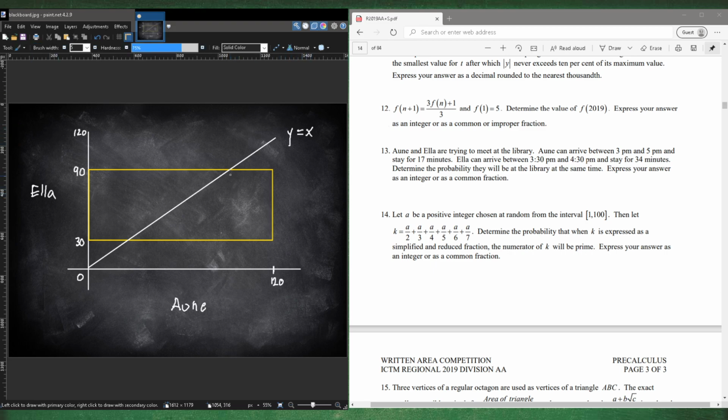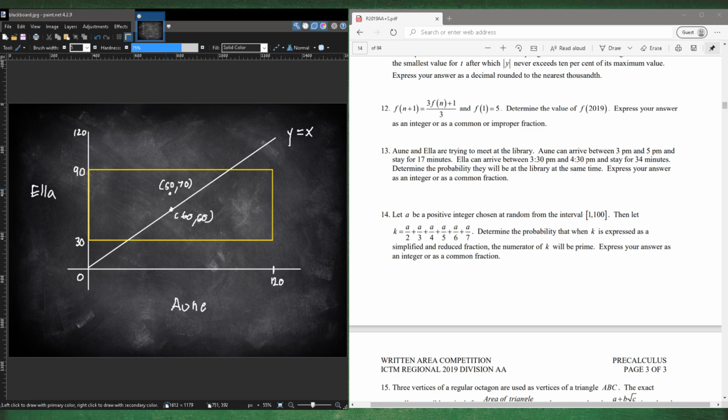If you think about it, let's say there's a point right here, let's call that 60, 60. They both arrived 60 minutes after 3 o'clock, so they arrived at 4. But imagine instead it's a little bit higher, say 60, 70.